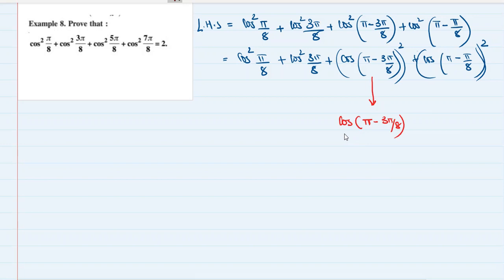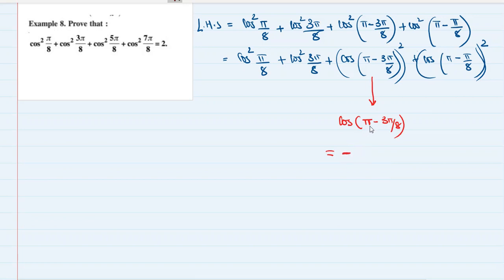If you subtract an acute angle from 180 degrees, you end up in the second quadrant, and in the second quadrant cos is negative. So I'm just going to find its value. Cos of 180 minus theta is minus cos theta, because in the second quadrant cos is negative, so there is a minus sign by default.